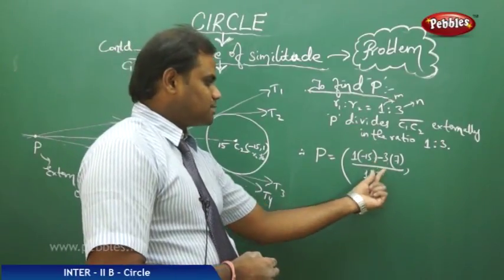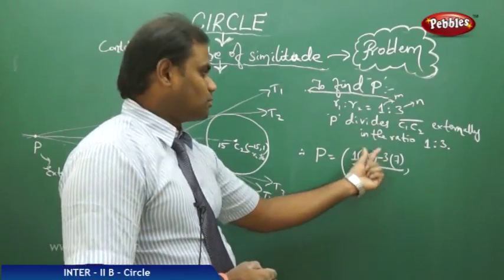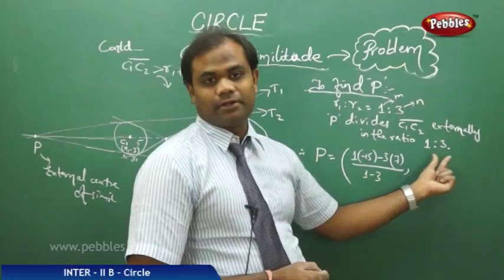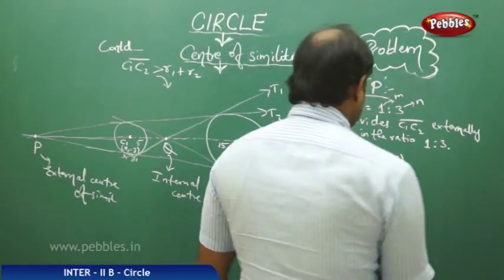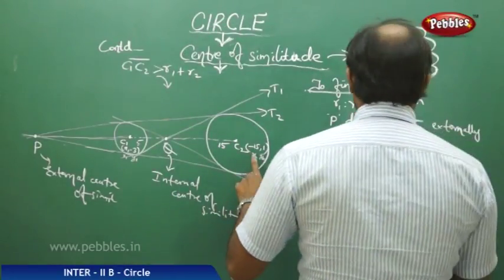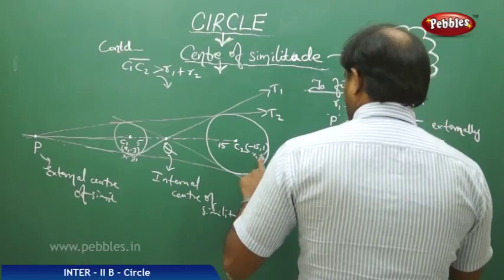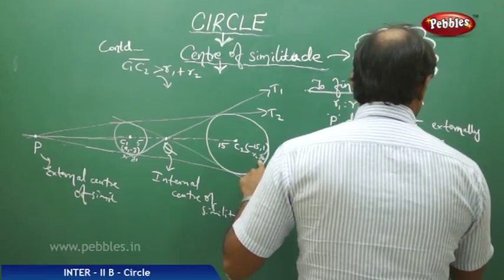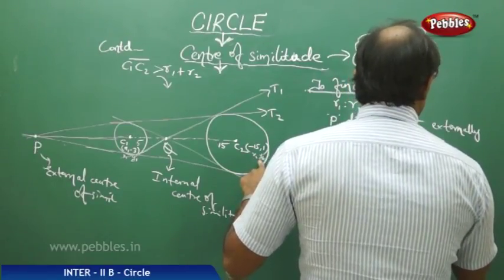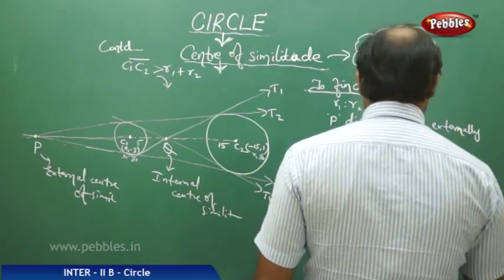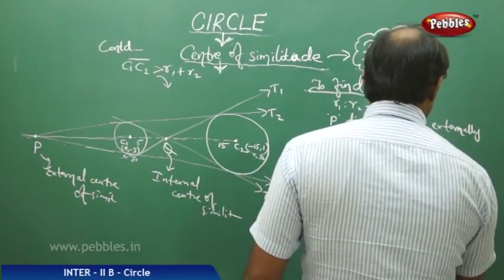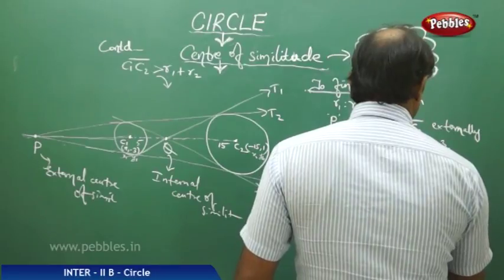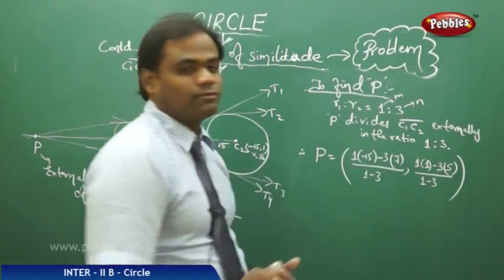All the plus is replaced with minus in the middle because this is externally dividing in the ratio 1:3. Similarly, my2, which is 1 times of 1, minus ny1, by m minus n is what we get.